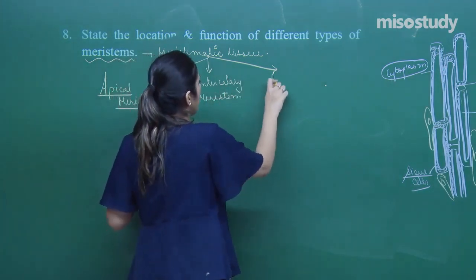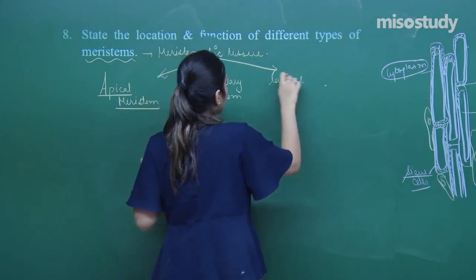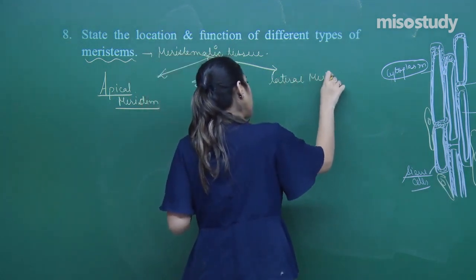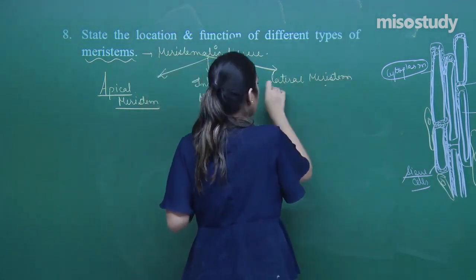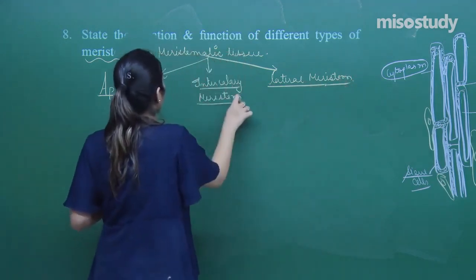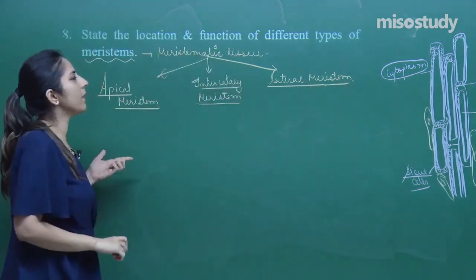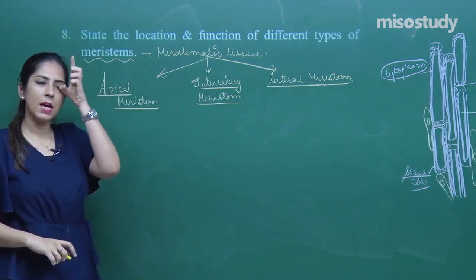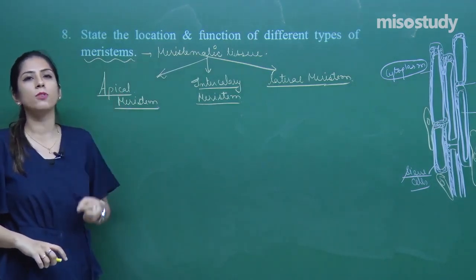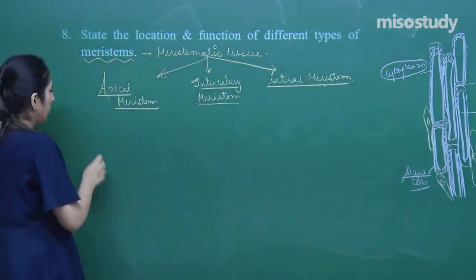And the third one is called as a lateral meristem. Now, what is an apical meristem? Apical meristem is that meristem which is present at the apex of root and shoot.